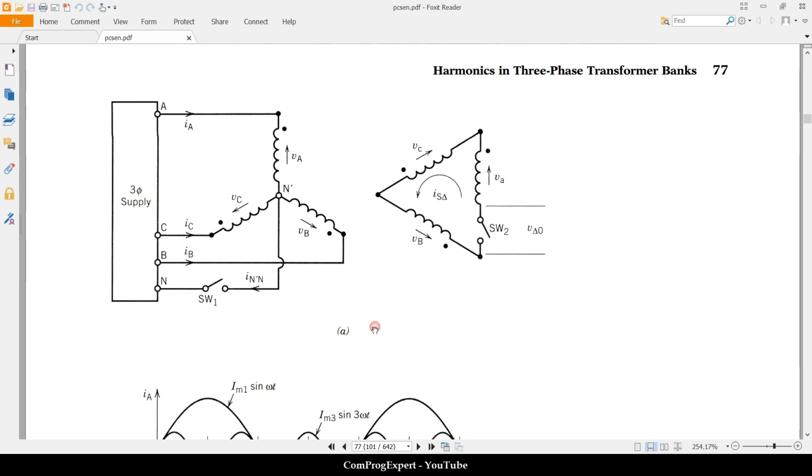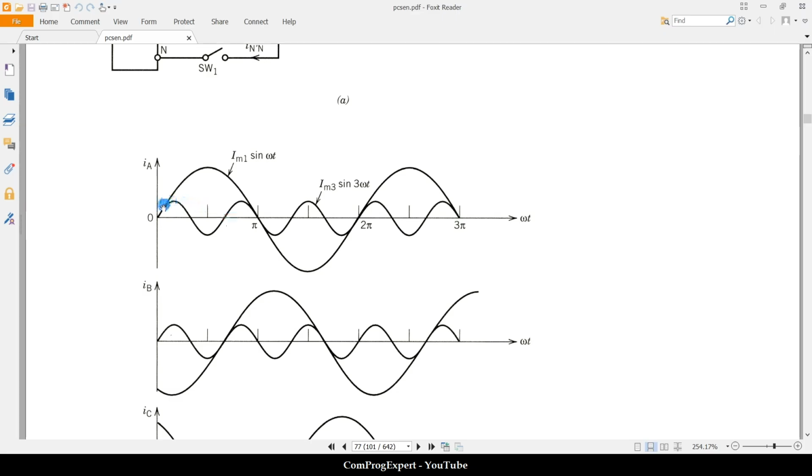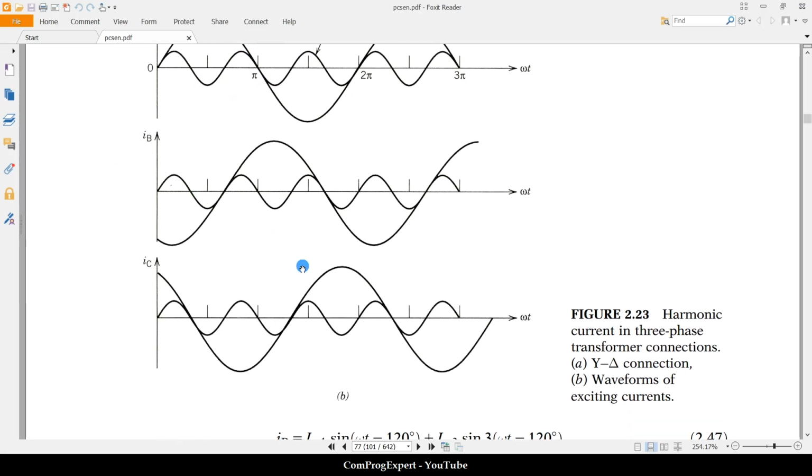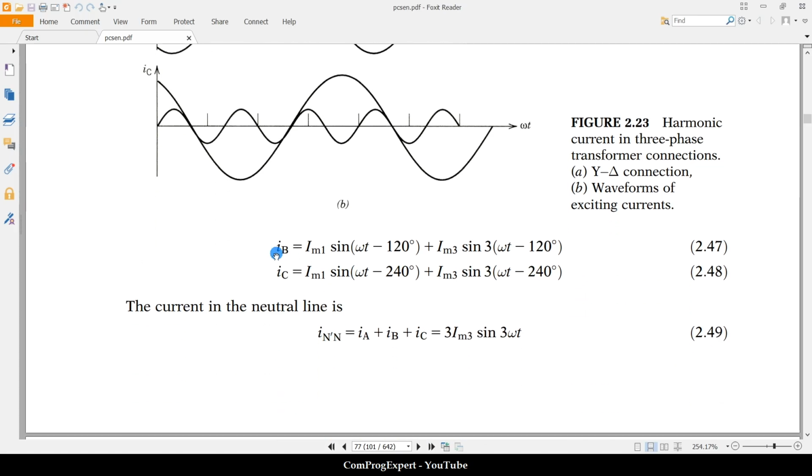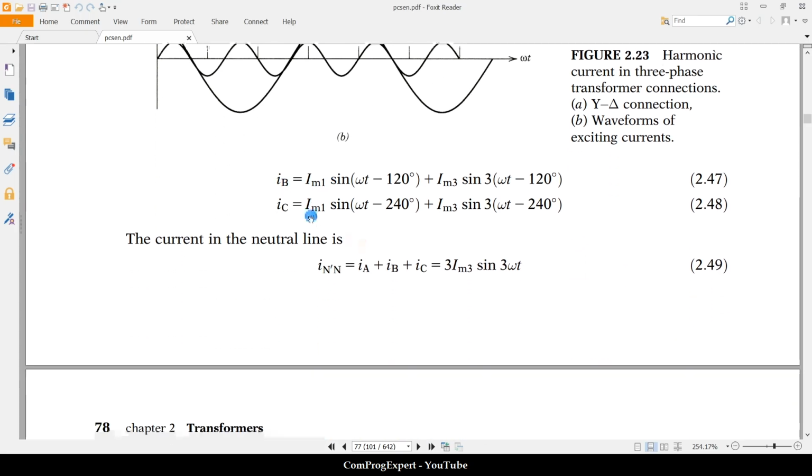So in this case, here is the fundamental harmonic of the phase A. This is its third harmonic, for the phase B and phase C. So here is the IB and here is the IC.